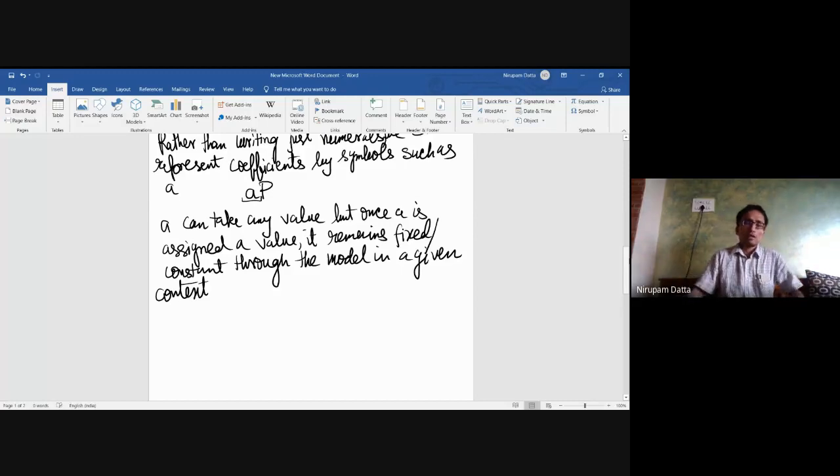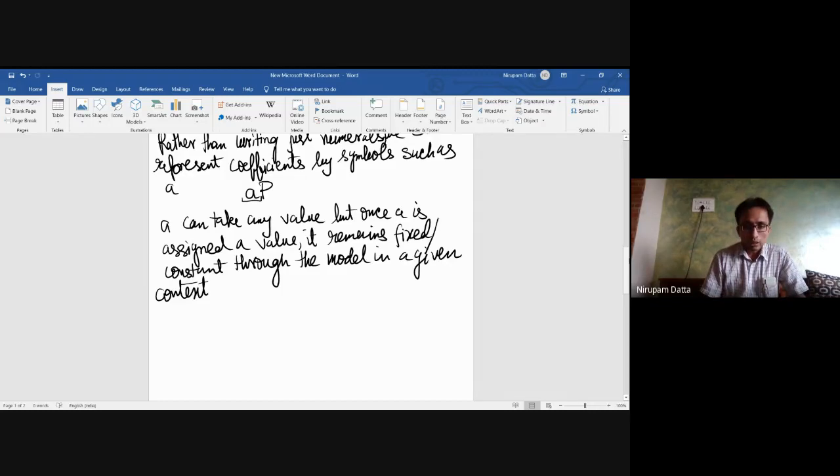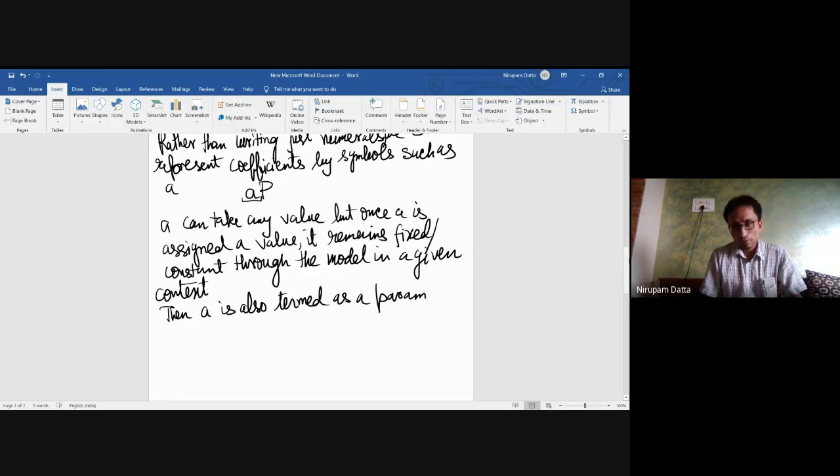So a, which is a symbolic representation of a coefficient, can take any value, but once it is assigned a value, it will remain fixed or constant throughout the model in a given context. So when such a thing happens, a, which I have already said is a coefficient, is also termed as a parameter. So parameters are unique values of the coefficients taken by a in a given model under a given context, and they remain fixed throughout the model in that given context.